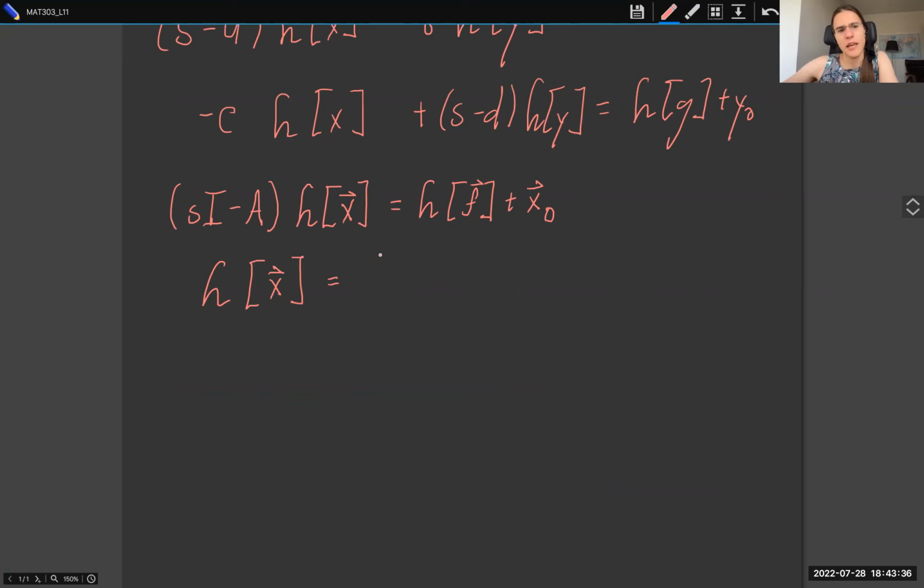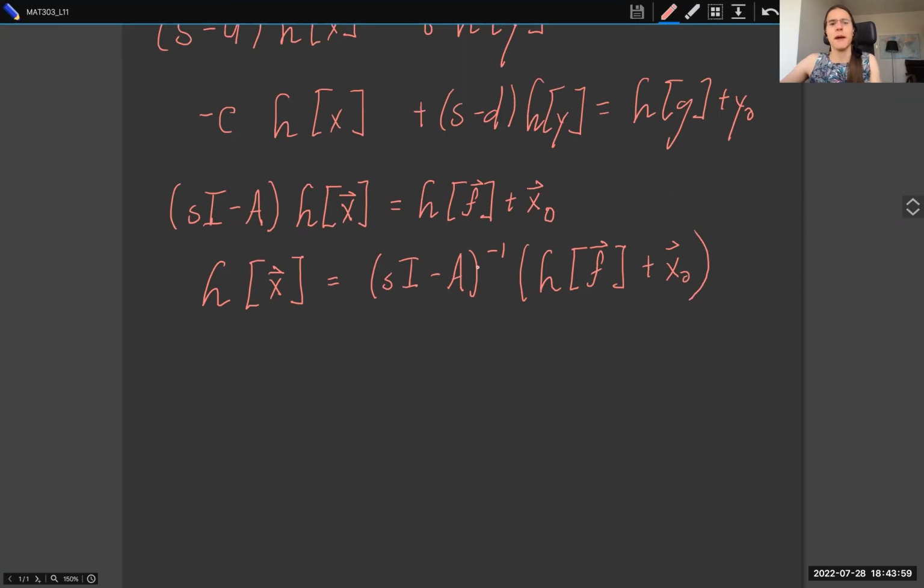And that's just going to be (sI minus A) inverse of the Laplace transform of F. And this applies equally well for any other dimension of system, so this also applies for 3x3 matrices. And so that'll let you solve for the Laplace transform of x and the Laplace transform of y, then you invert them, and then you get x and y.